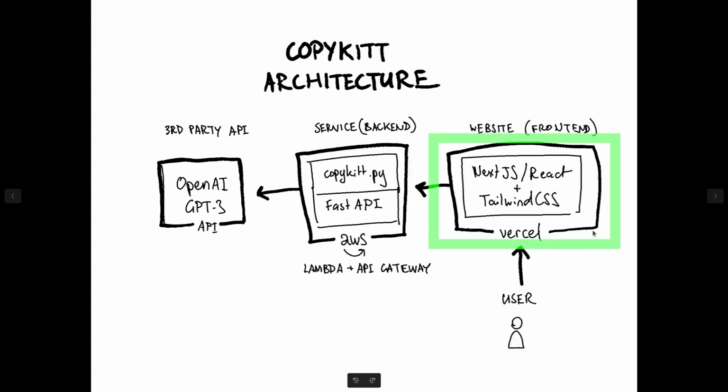And finally, for the web interface we saw earlier, we're going to build a website using TypeScript as our programming language and NextJS, React as our framework. We're also going to use TailwindCSS as part of this project for the styling. And this entire front end is going to be hosted on Vercel.